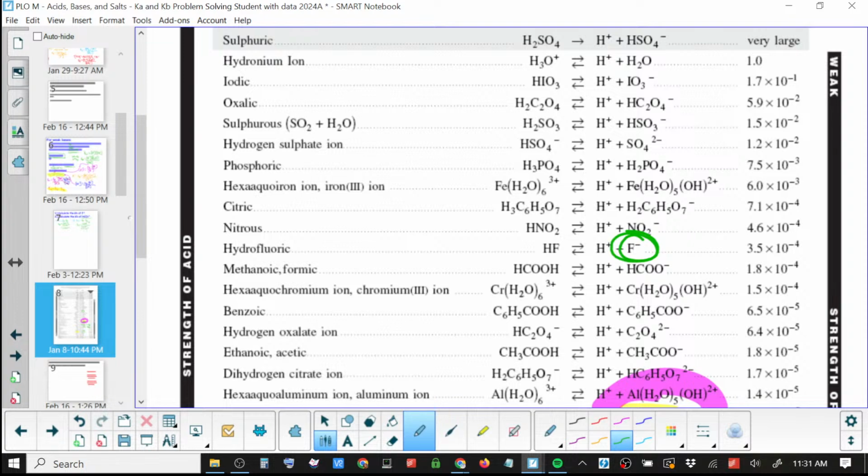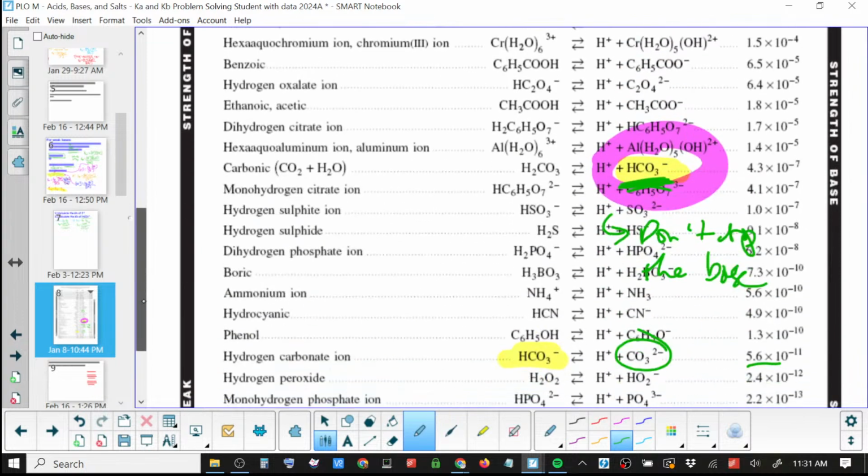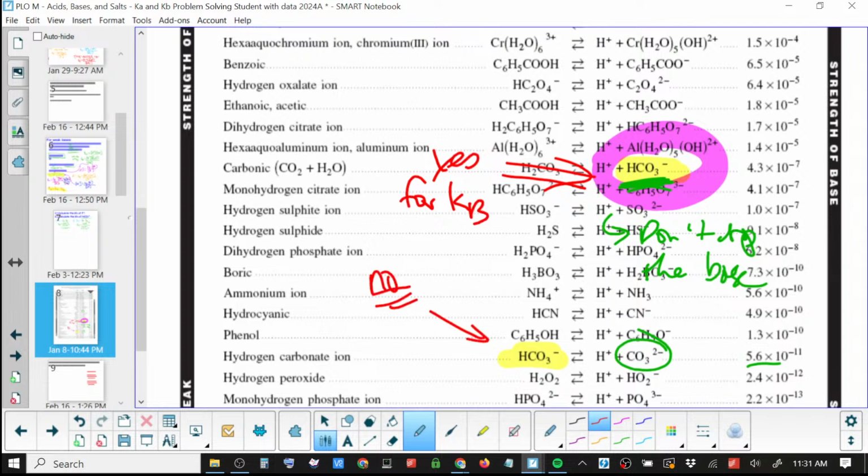It's on the base side. So when you're calculating KB, you have to find it on the base side. So, yes for KB. No. Slap yourself. If you're studying and you make that mistake, literally, slap yourself.